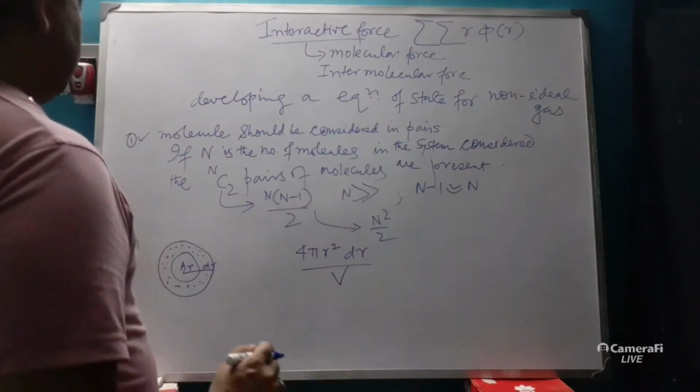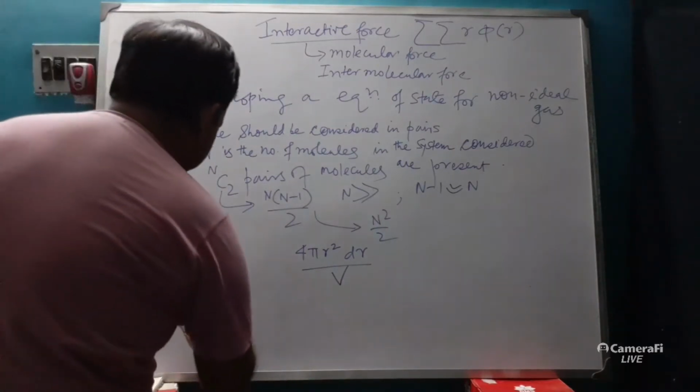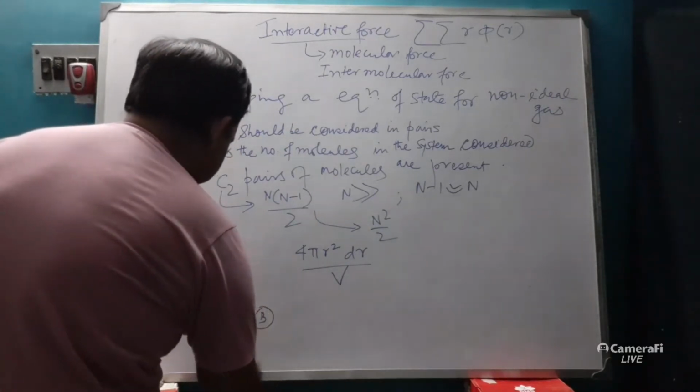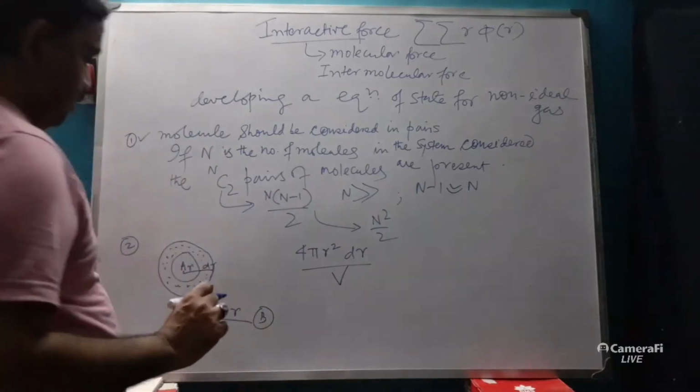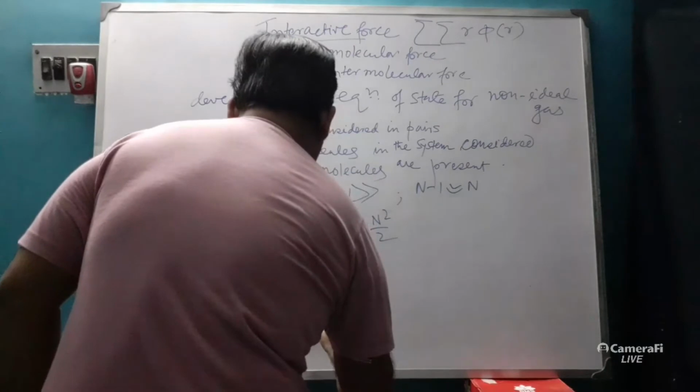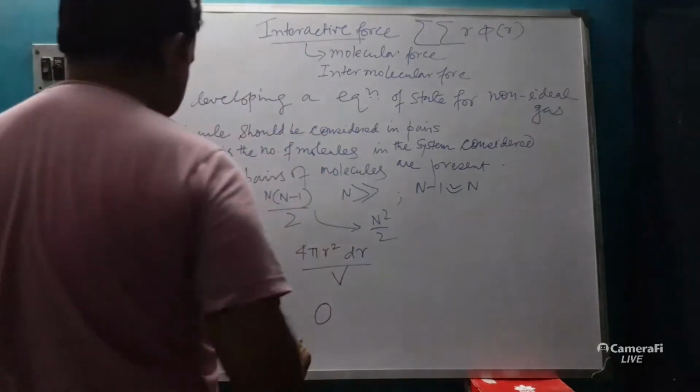Now, suppose the distance between the molecule A and B is R, and this is the first case.